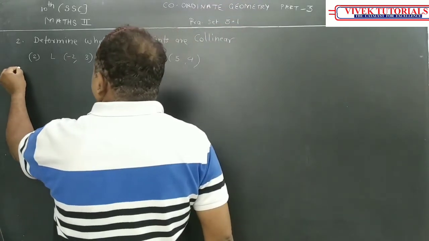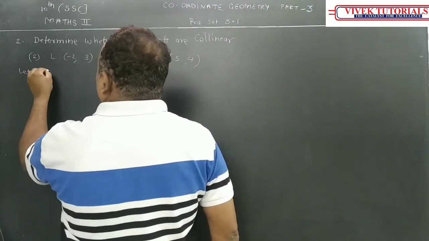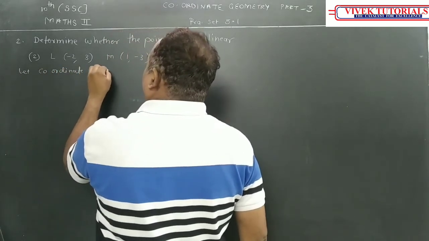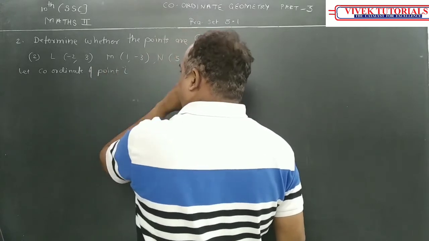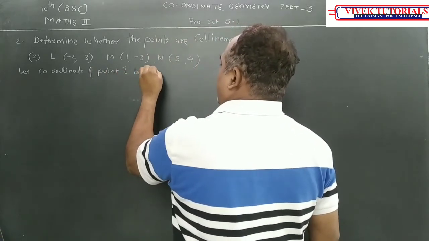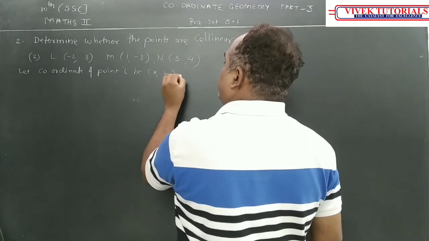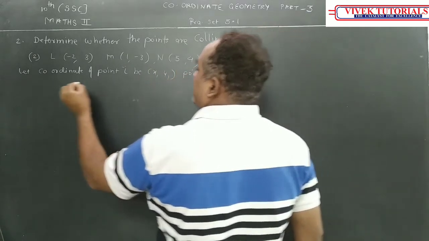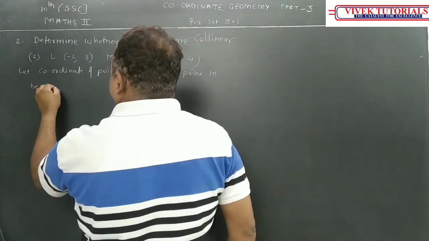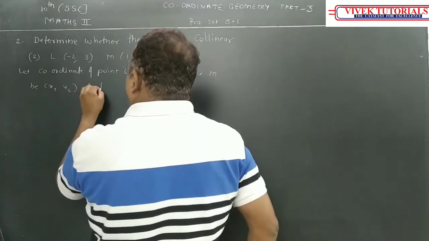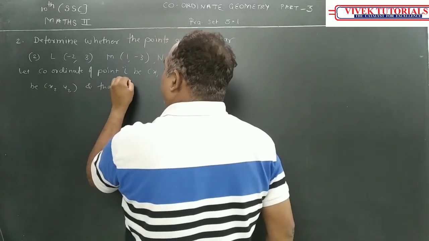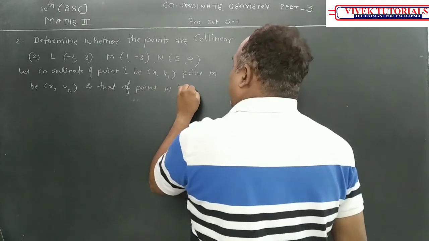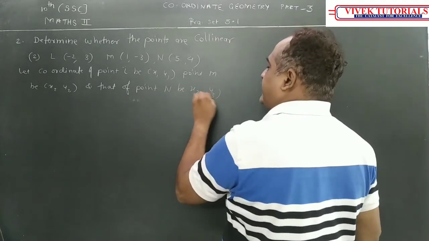Let the coordinates of point L be x1, y1, point M be x2, y2, and that of point N be x3, y3.